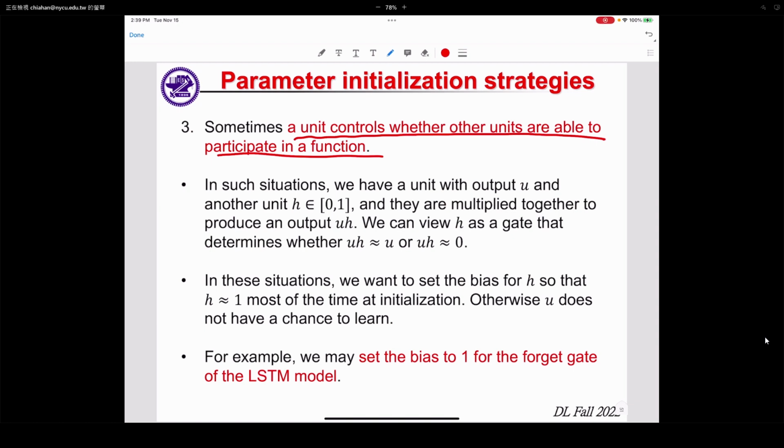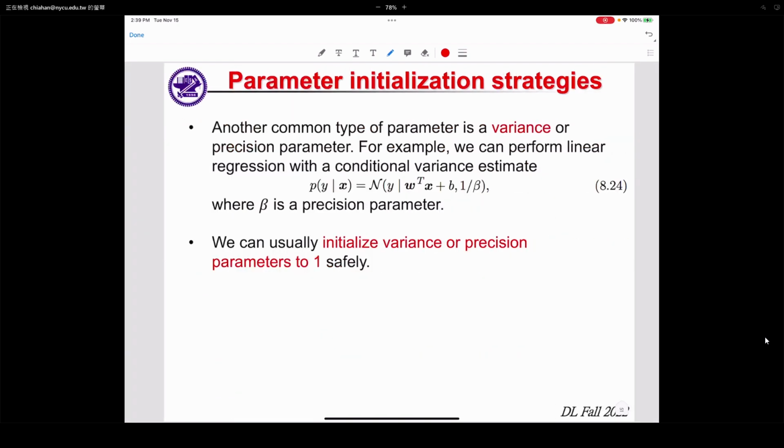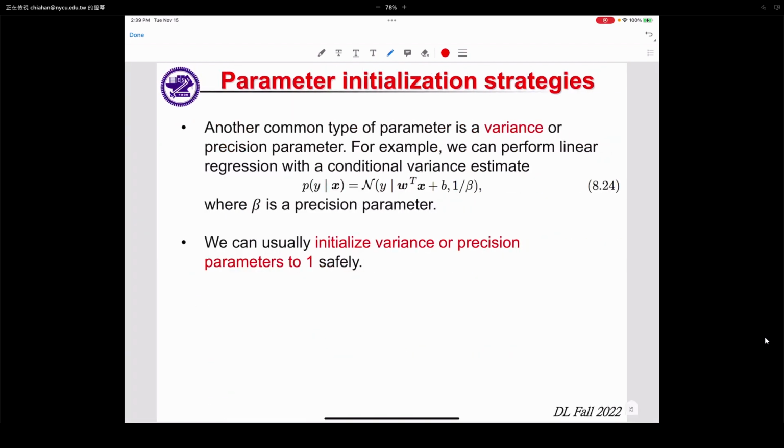If it is not activated at the beginning, it won't be activated at all, and the other units will not be activated at the beginning either, which may eventually be a problem. For example, in the LSTM model, which we'll talk about next week, set the bias to 1 for the gate of the LSTM model to make sure that it can be activated at the beginning.